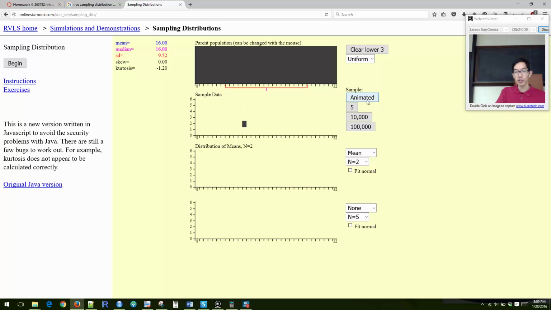So here I can draw samples of 2, and I get a mean here, another sample of 2. All right, let's see what happens. If I do this thousands of times, what do you think the distribution of sample means will be?